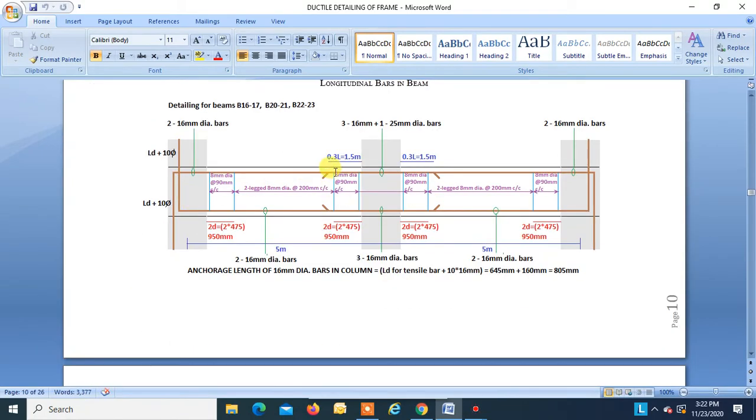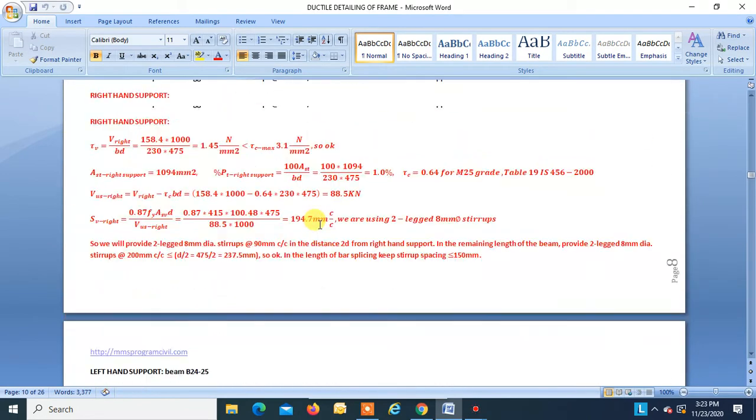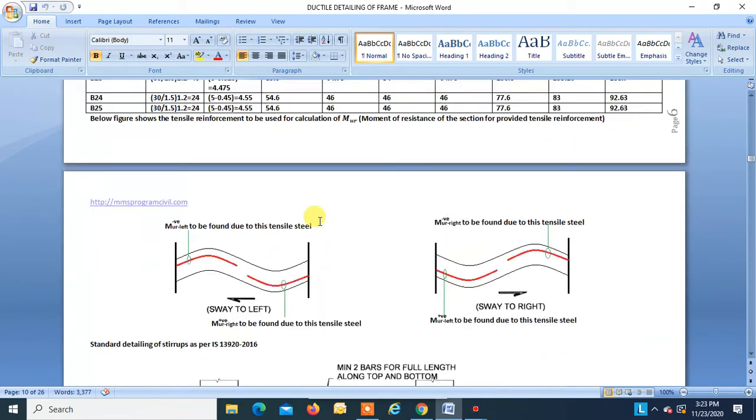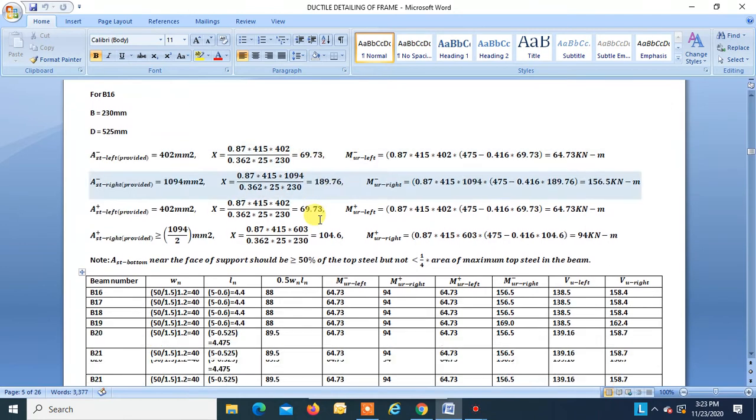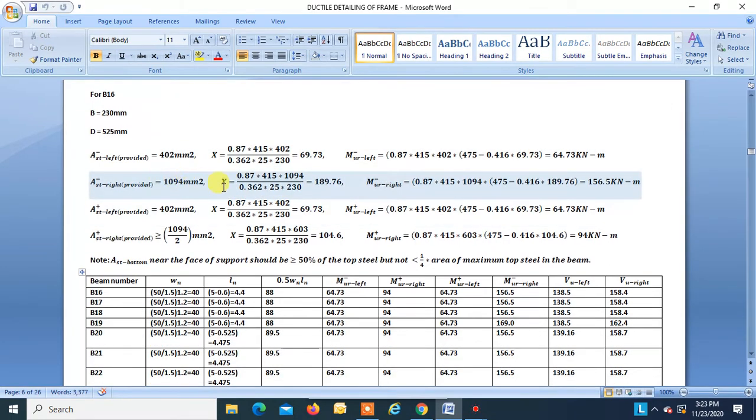Over here we are providing three 16 mm diameter bars plus one 12 mm diameter bar. The area of this is 1094. Find x, find Mur, which is 156.5. So Mur negative right is 156.5.